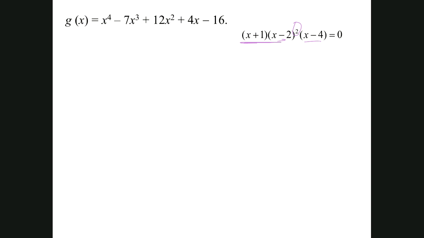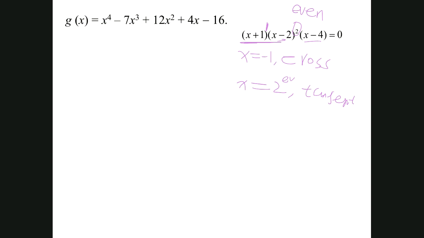So power of 2 is an even power. Okay, so an even power, it will be what? It will be tangent. So when x equal to -1, this will be crossing because this is the power of 1. When x equal to 2, this will be tangent, because this is an even power.